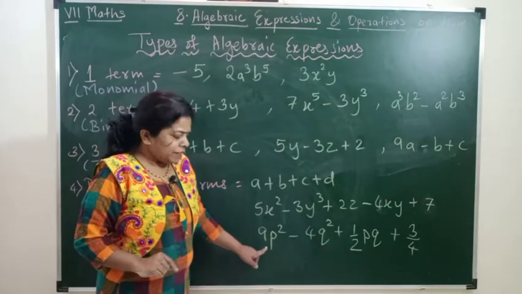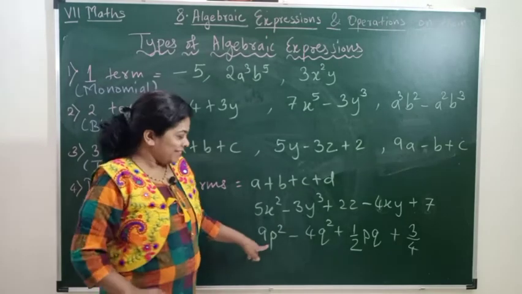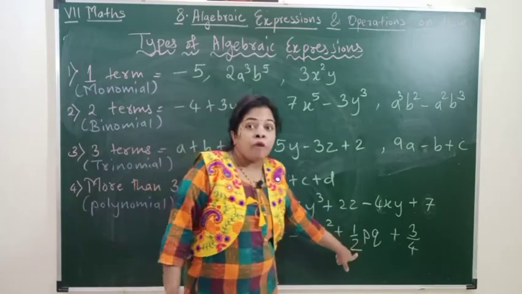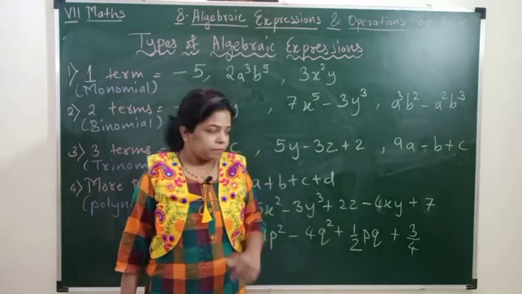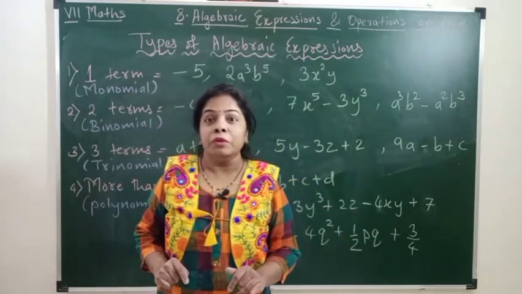And the next example, 9p square. Square we know now. Minus 4q square plus half pq or 1 upon 2 pq plus 3 upon 4. Fractions have come into this.